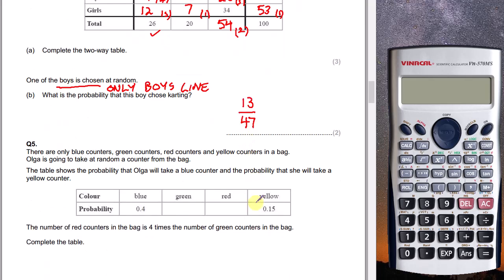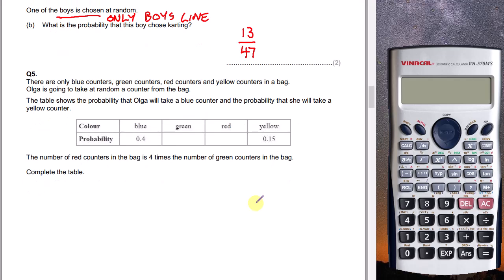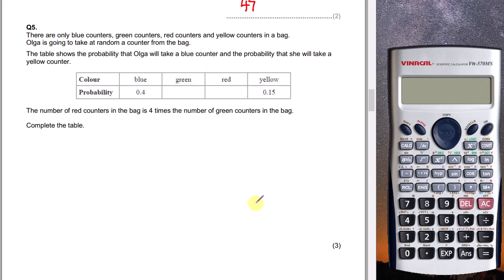So let's scroll on down. This is probabilities to be put into another probability table. This is called a probability distribution. And what it says is blue is 0.4, red is 0.15. Well, we know the total for all probabilities, and assuming that there must only be blue, green, red, and yellow, so that's all possibilities, and these must make up to 1.